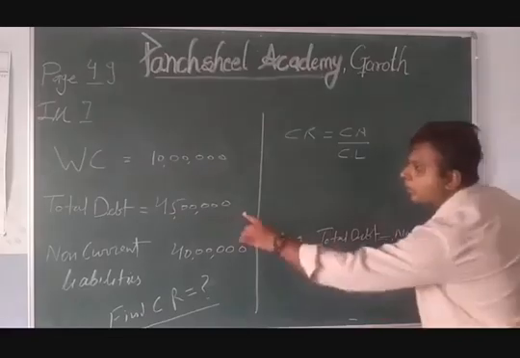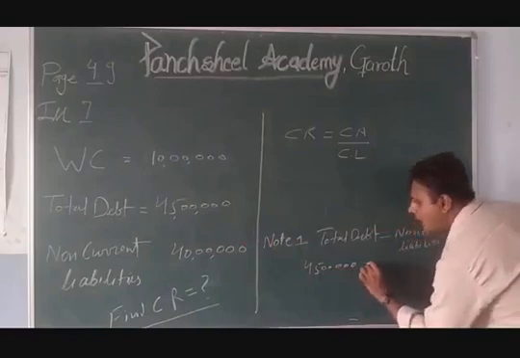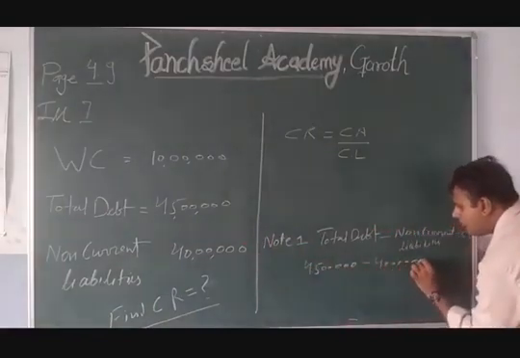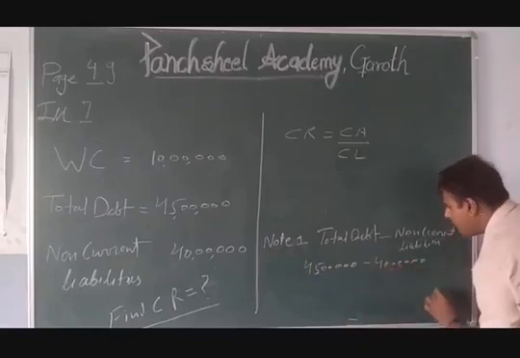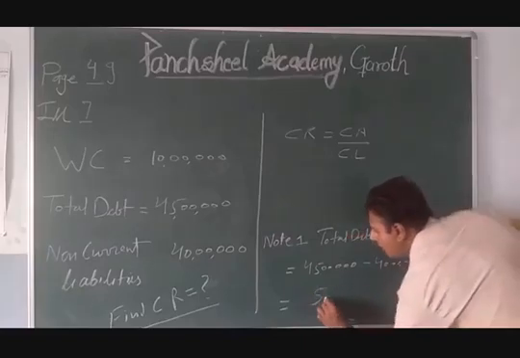So 45 minus non-current liability 40. So what comes? Current liability will come how much? 5 lakh.